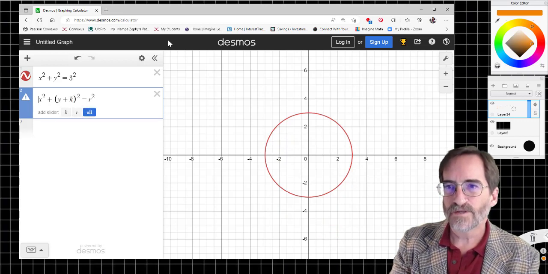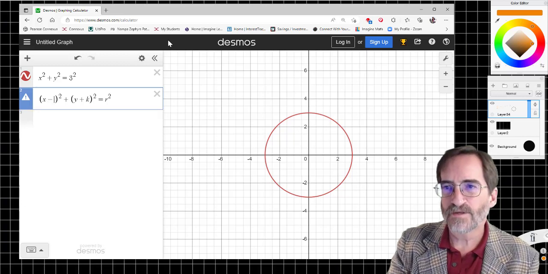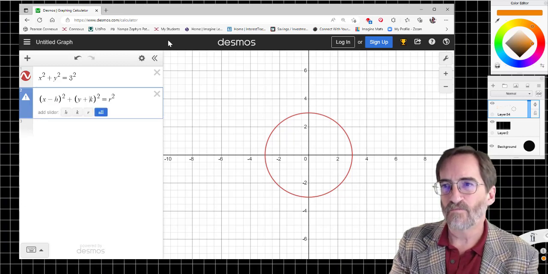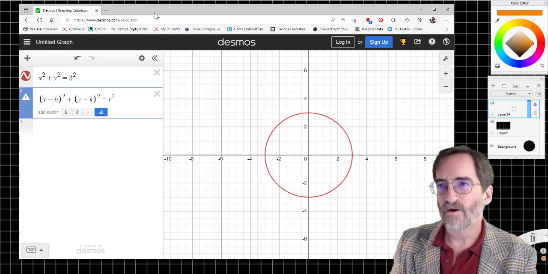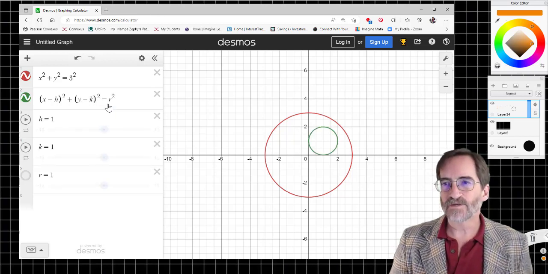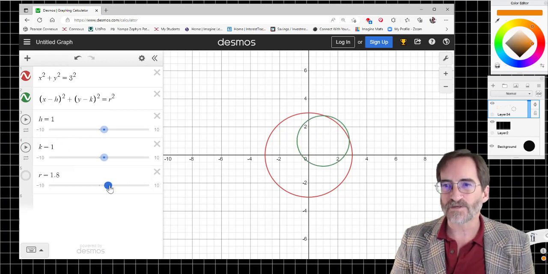And I replace x with x minus h. And actually, we want y minus k. All right. And I'm going to add sliders here for all of these. And I'm going to set the radius to 3.